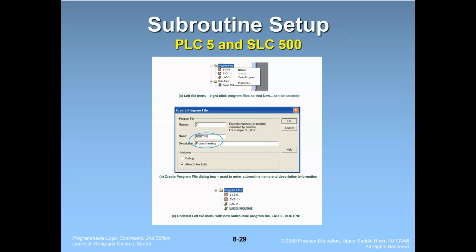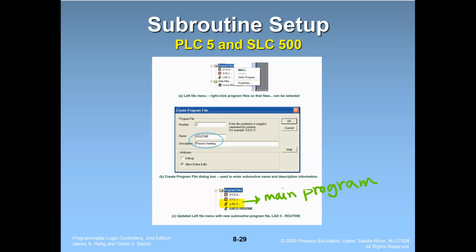Now let's see how we can set up a subroutine. If you go to the left hand side of your software, you have this program file. In program file, you have something like this, ladder 2. This ladder 2 is referring to your main program.